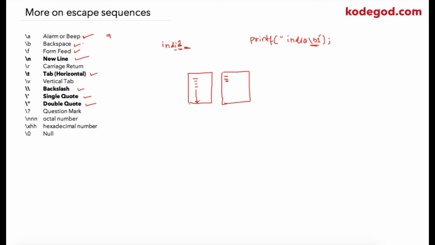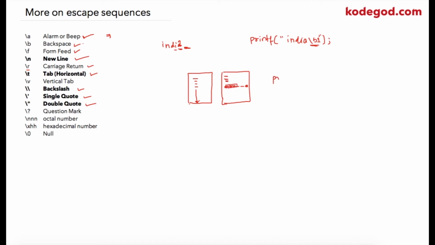Then the next is carriage return, that is \r. Suppose the cursor is at this location, it has printed a few characters and it is on the final location somewhere here. If at this location \r occurs, then the cursor position will go back to the first location in the same line. And if there is anything further, then it will get overwritten by it.